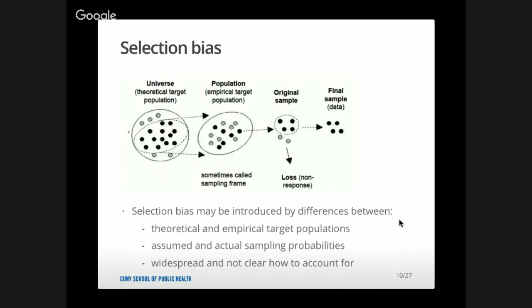You have some loss, and then what is left is your actual final sample. And the impact of that loss is going to depend on whether they were lost at random or somehow systematically different from the rest of your sample.